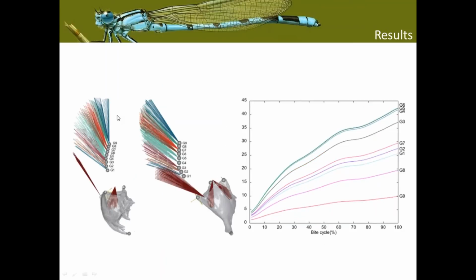We could also test which role different muscle fibers play within the big muscle, which was an interesting question in both studies. In the second study, we also tested different species of dragonflies against each other to see what evolution did to the muscle system and which changes this brought to the biting forces. I hope you enjoyed the model, and I want to give back to Alexander, who gives us a brief conclusion.